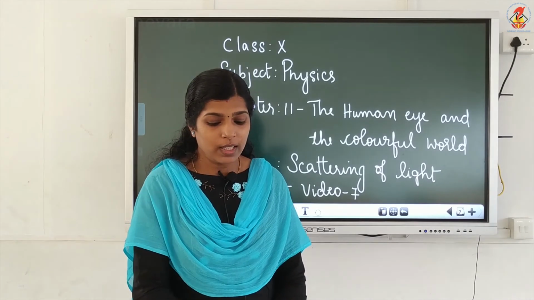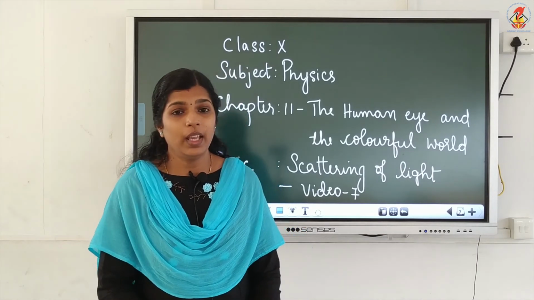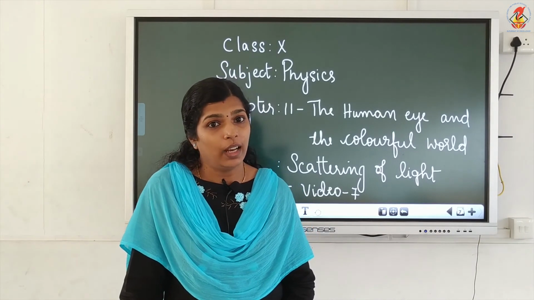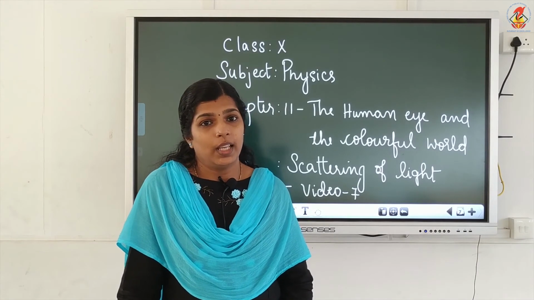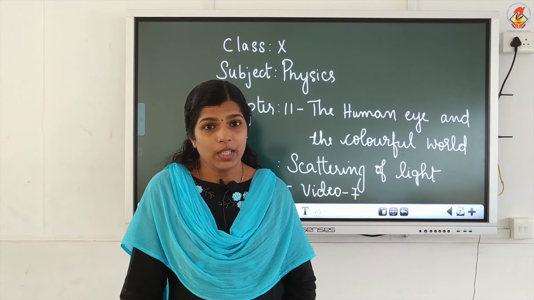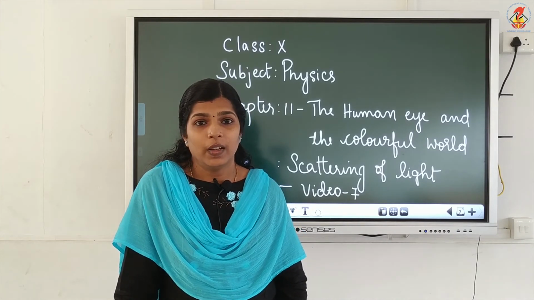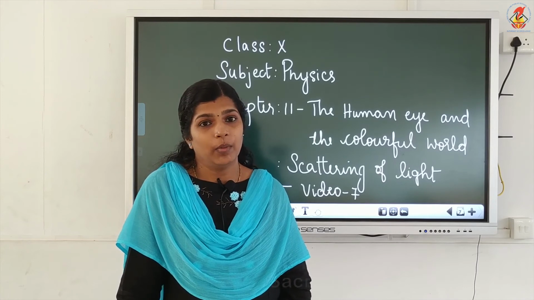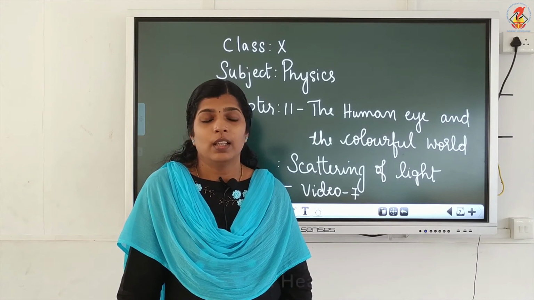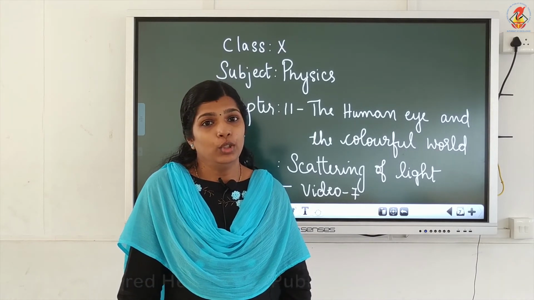So, all these things are about the applications of scattering. If any question is there related to color, why the sky is red in color at the time of sunset and sunrise, means the area near the sun appears to be red in color. At the time of sunset and sunrise, the sun appears red, and white in color at noon.